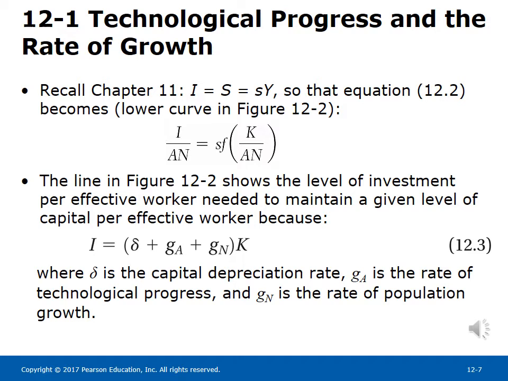Dividing both sides by AN, we get investment per effective worker needed to maintain a given level of capital per effective worker as I over AN equals delta plus GA plus GN times K over AN, represented by the upward sloping line in Figure 12-2 on the next slide.